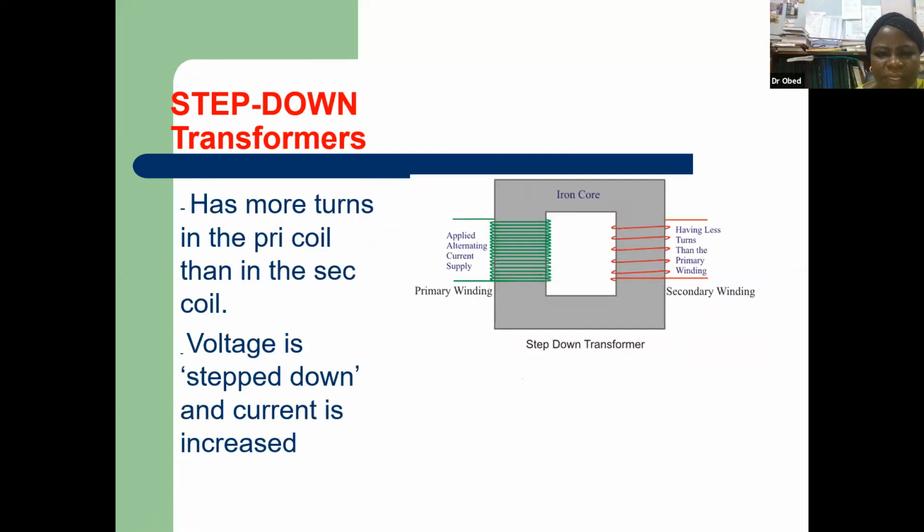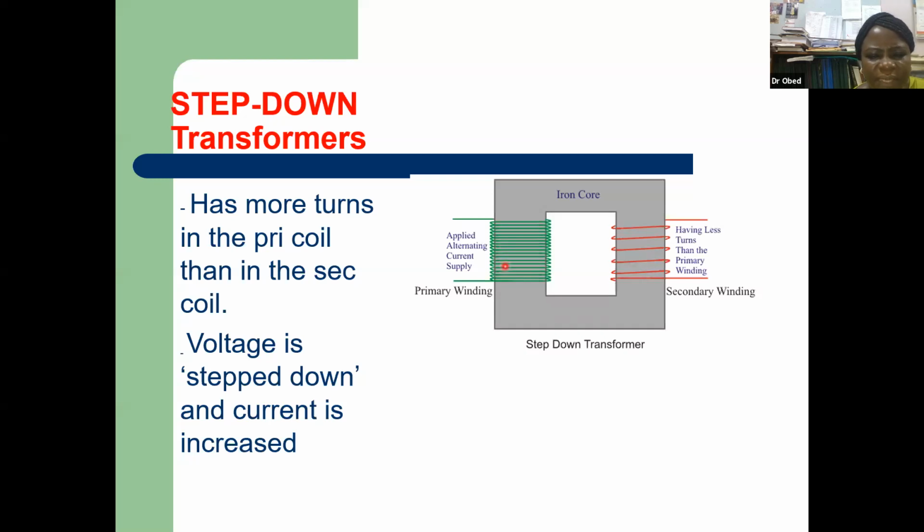We go on to the next slide. Then we talk about the step-down transformer. A step-down transformer has more turns in the primary coil than in the secondary coil.